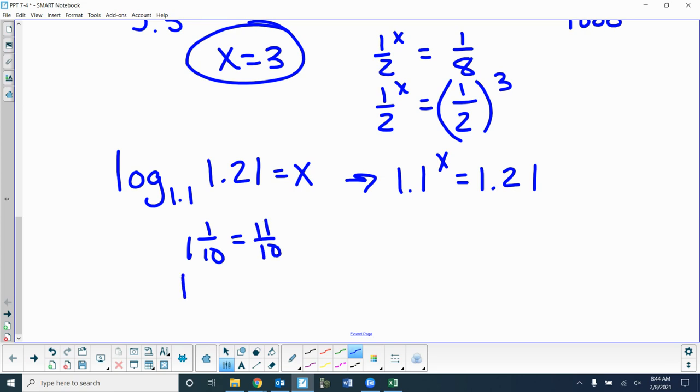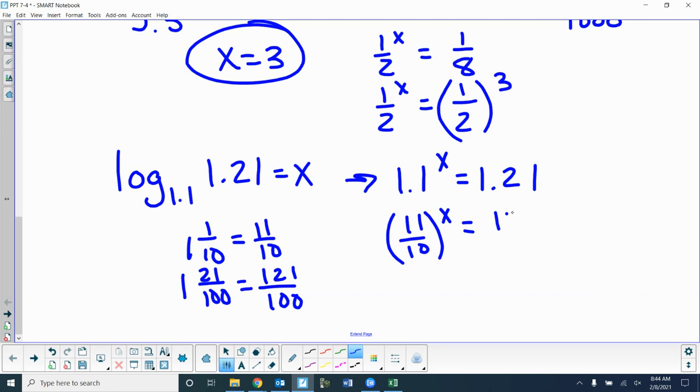And 1.21 is 1 and 21 100ths. 100 times 1 is 100 plus 21 is 121 over 100. So I can say 11/10 to what power equals 121 over 100. Okay. 11 squared is 121 and 10 squared is 100, right? So you could say x is 2 there. So that's how I would do it in my head.